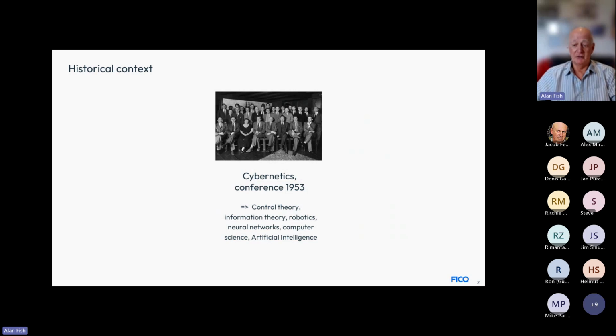Many fields have their origins in this group, including control theory, information theory, robotics, neural networks, computer science, and eventually, of course, AI. But of course, they didn't agree on everything, and these fields went in different directions.